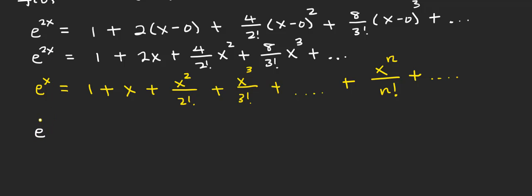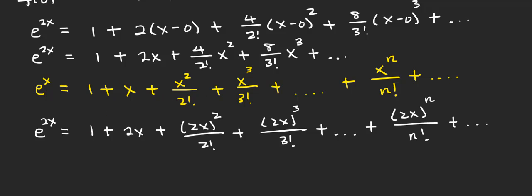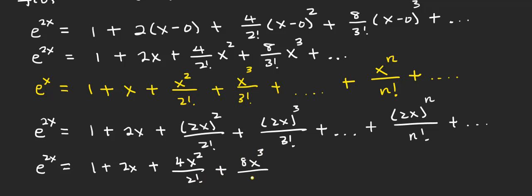So e to the 2x, instead of x, you're going to just plug in 2x. So you'll get this. And when you clean this up, when you simplify, you will get 1 plus 2x plus 4x squared over 2 factorial plus 8x cubed over 3 factorial, and so forth.